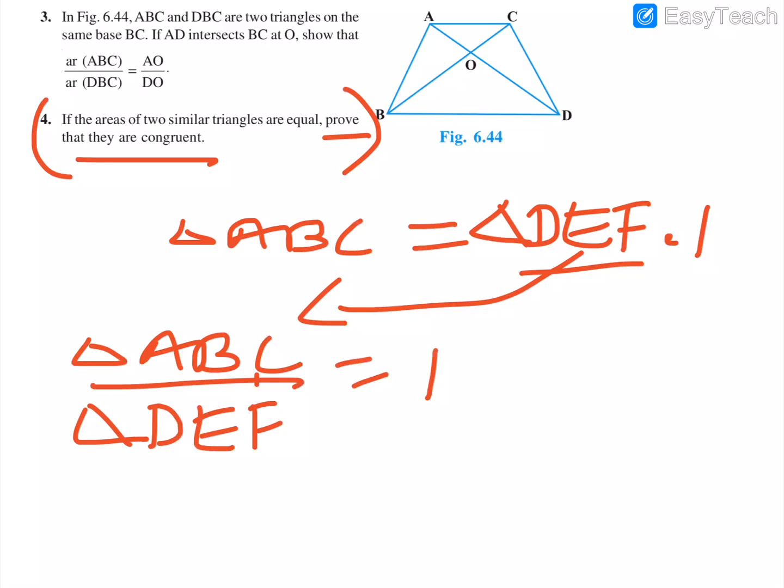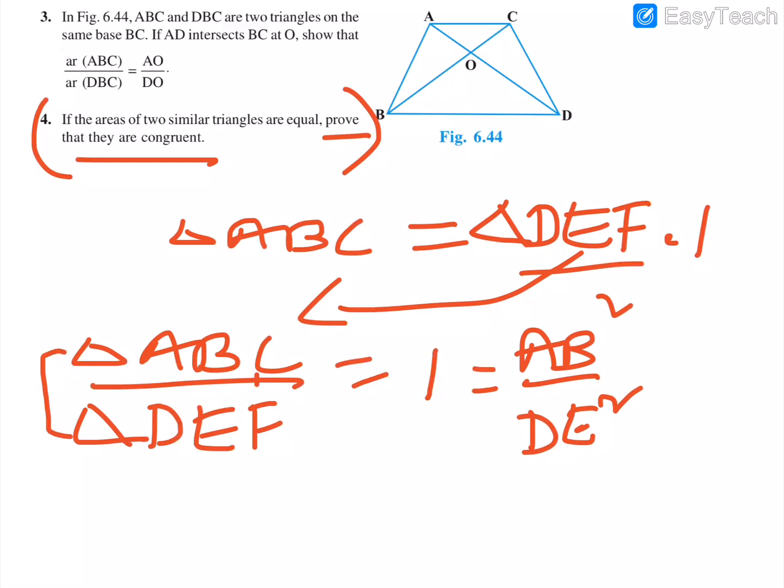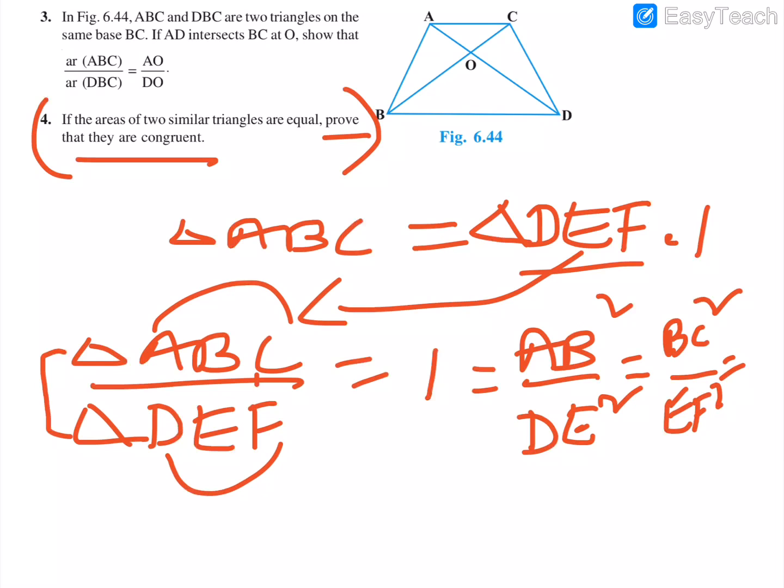By the theorem that we have learnt before this exercise, the ratio of areas of two similar triangles is equal to the ratio of squares of their corresponding sides. That is AB square by DE square, BC square by EF square, or you can write the third one also, AC square by DF square. Everything is equal to 1.